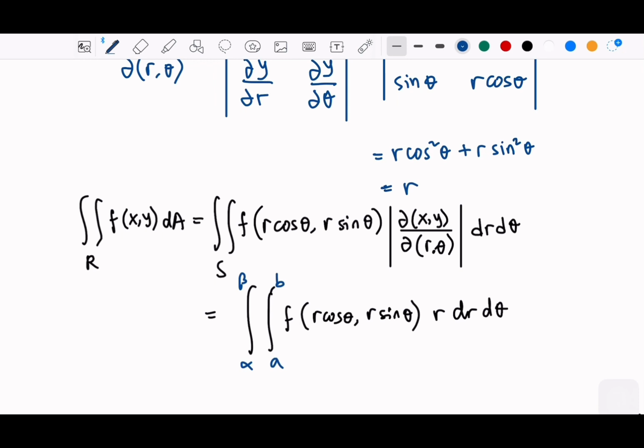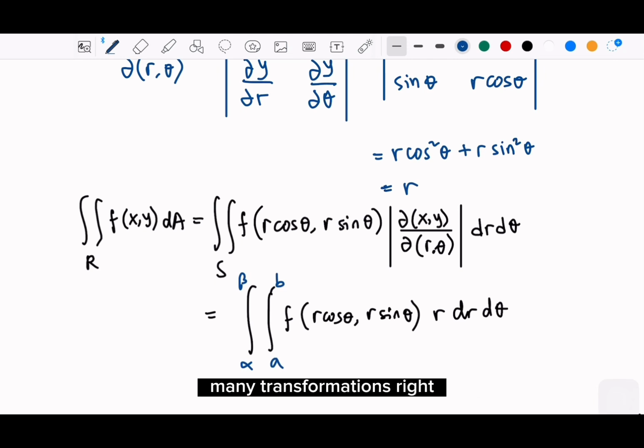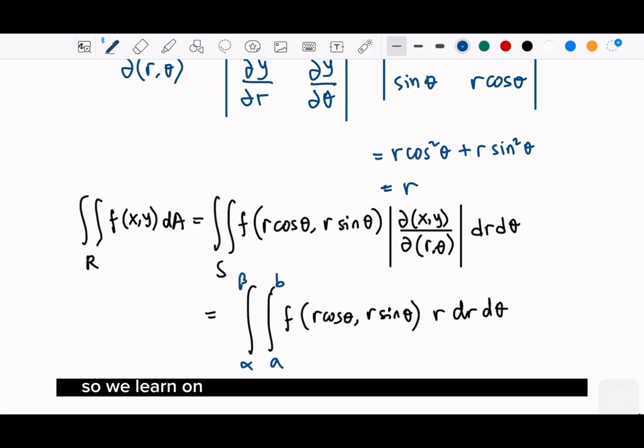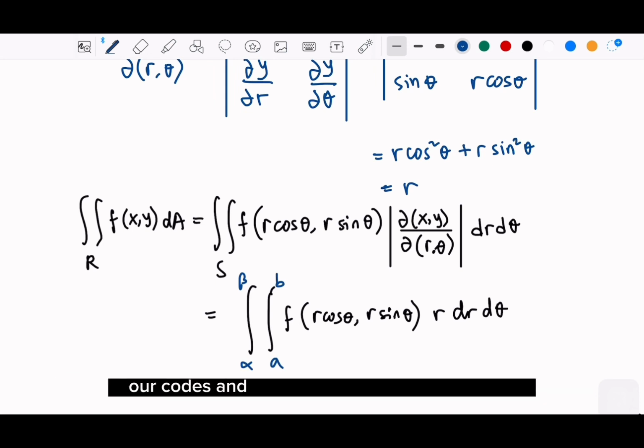If you have learned some basic coding or image processing, you will know that there are many transformations, right? But this is the inside of how they process.